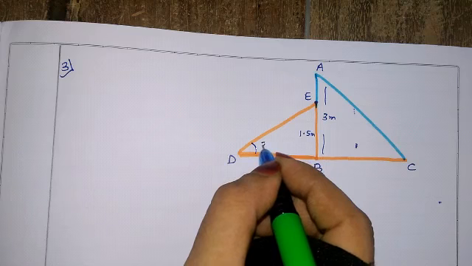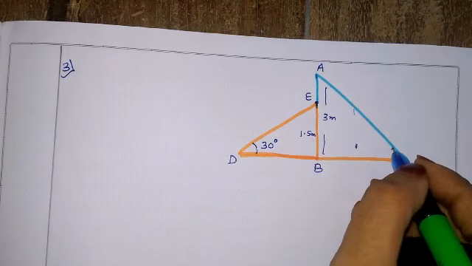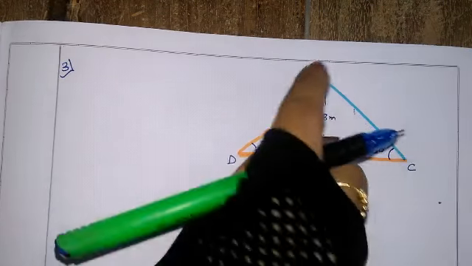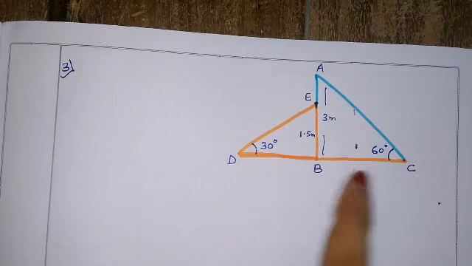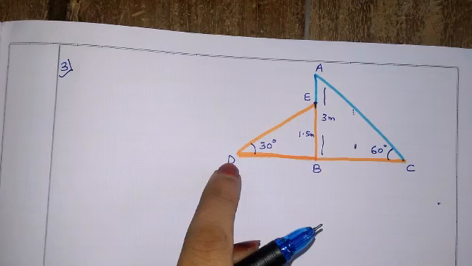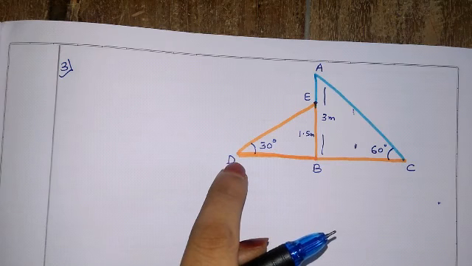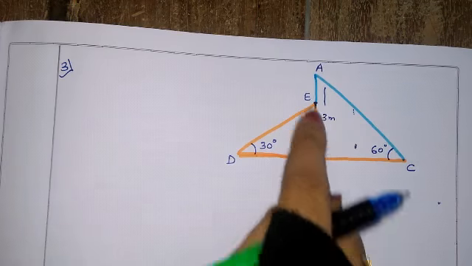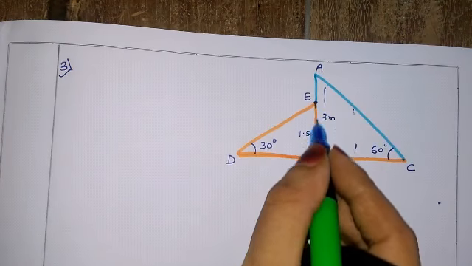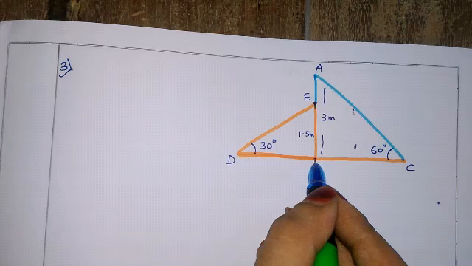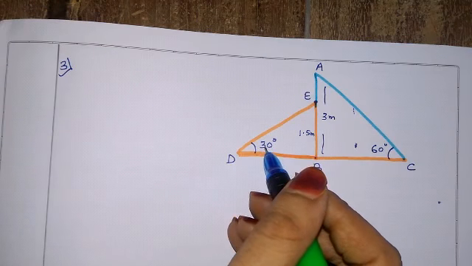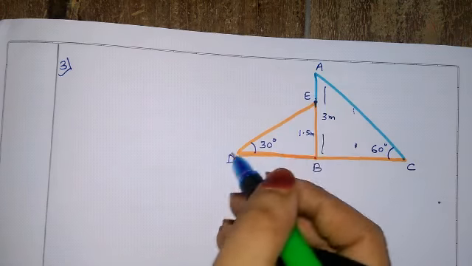For this they have told 30 degree angle of elevation, and for the bigger slide 60 degree. Now DE and AC you need to find. So in the small one you have to consider the small triangle first. In triangle DBE, vertical is given, opposite is given, hypotenuse you want, so sin 30 you have to write, BE by DE.